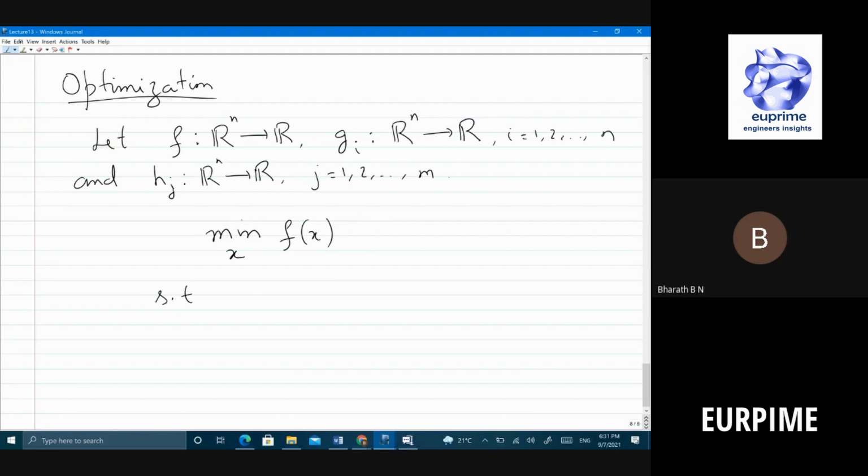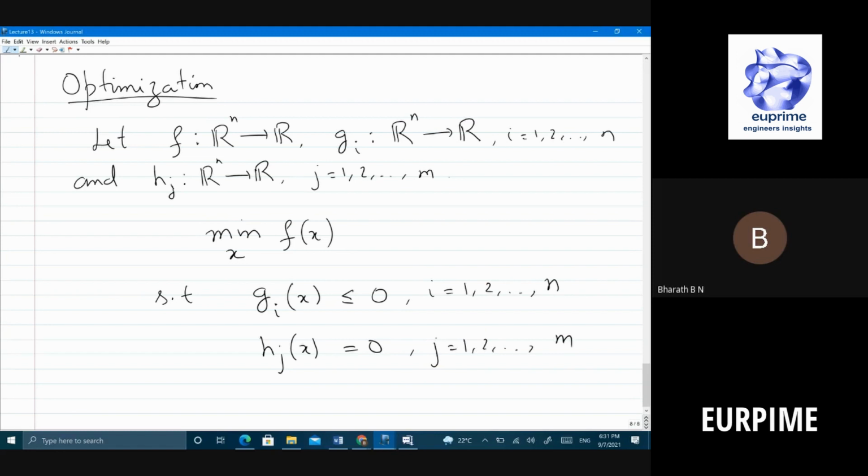Subject to certain constraints. What are those constraints? The first constraint is g_i of x less than or equal to 0 for every i equal to 1 to n, so there are n constraints. And h_j of x equal to 0, j is 1 to m. So there are totally m plus n constraints and one objective.